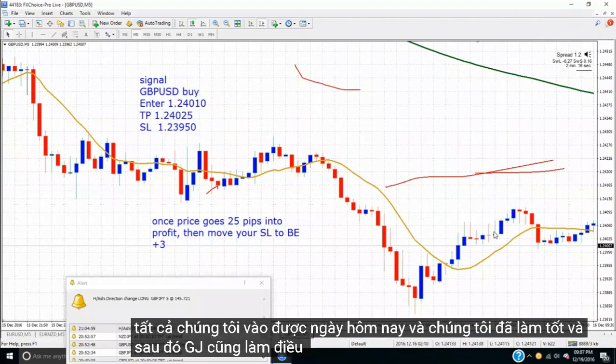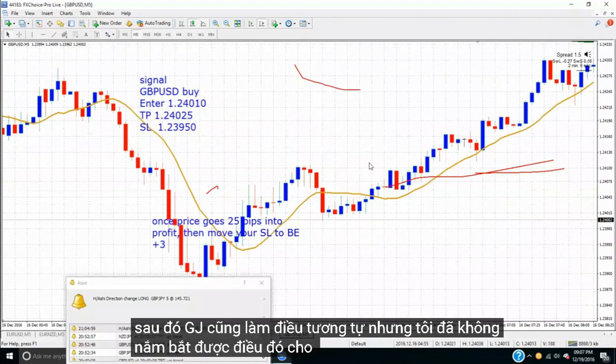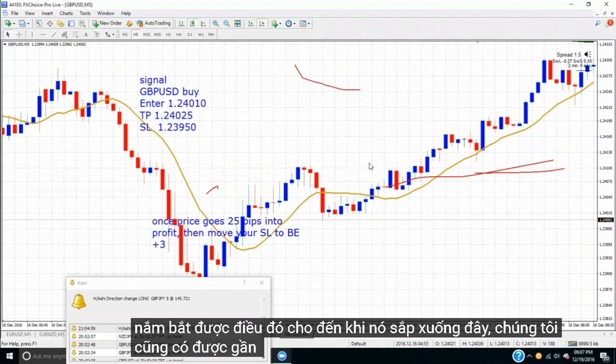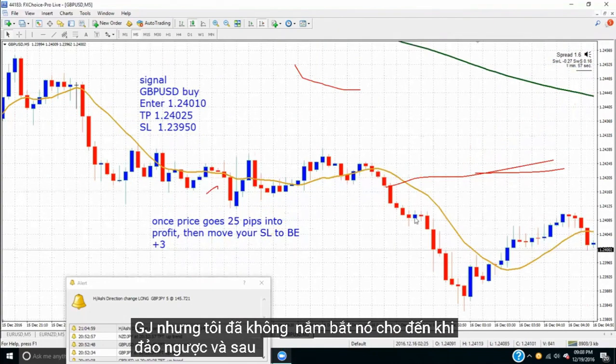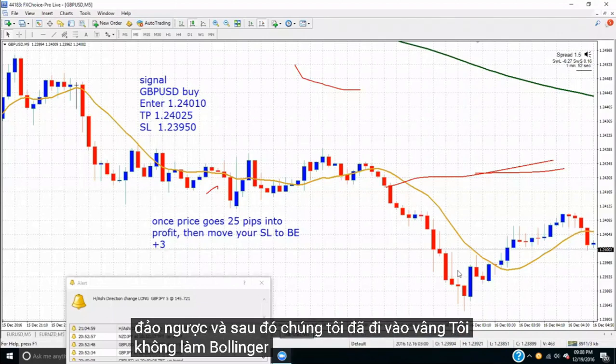And then GJ did the same thing, but I didn't catch it till it was about down here. We would have got almost 200 pips with GJ too, but I didn't catch it until a reversal, and then we got in. Yeah, I don't do Bollinger.